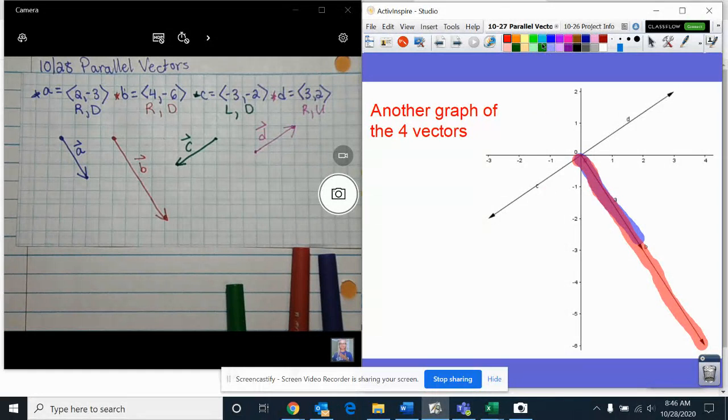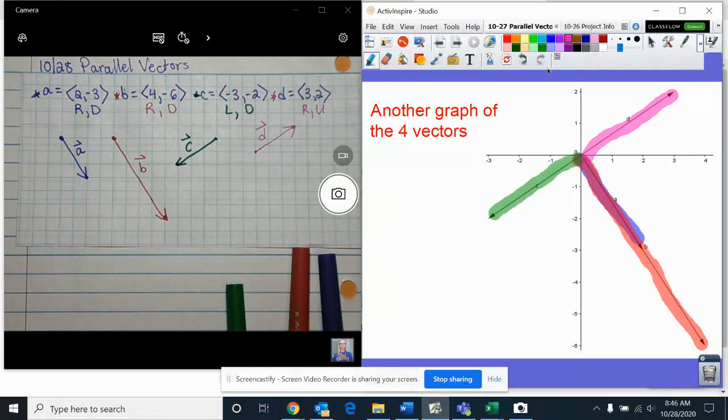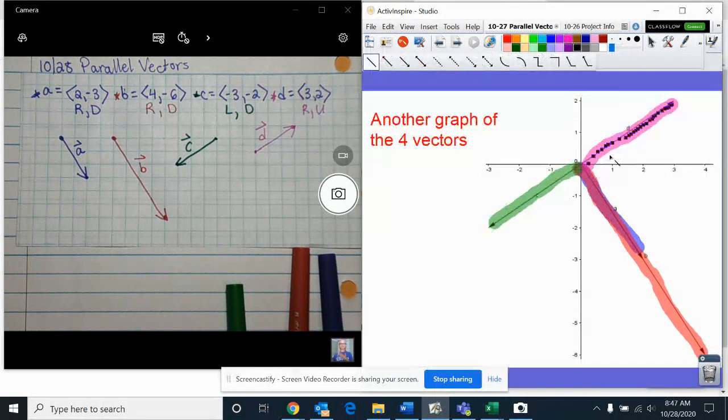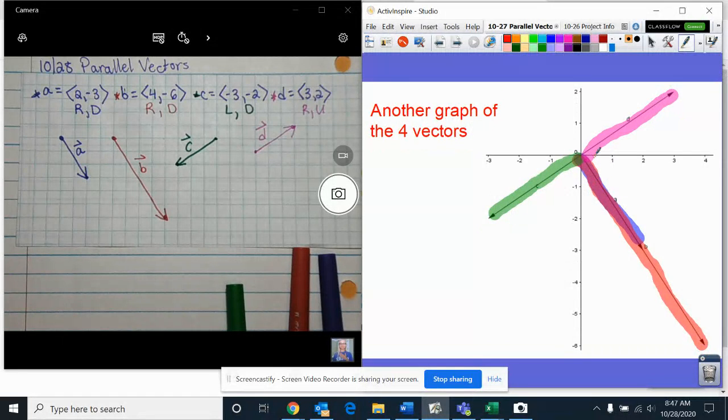And then we had vector C, and then vector D. And notice they all form a nice right angle right here. There's my box for that right angle. So these two vectors are perpendicular to these other two vectors. And we'll talk about that in another video.